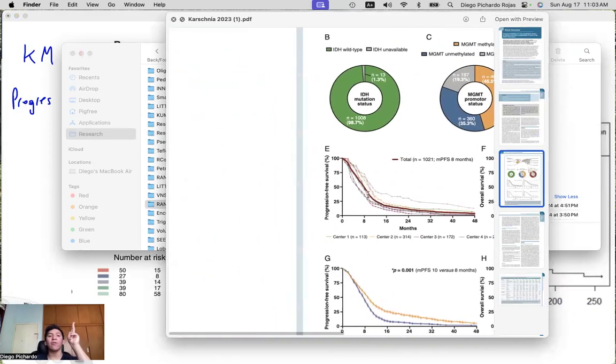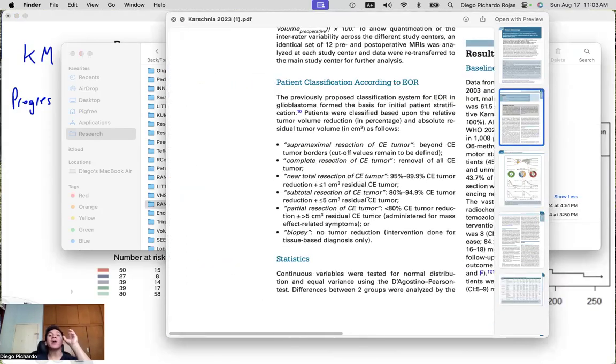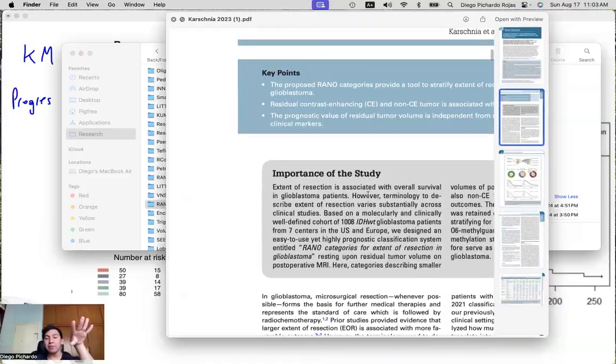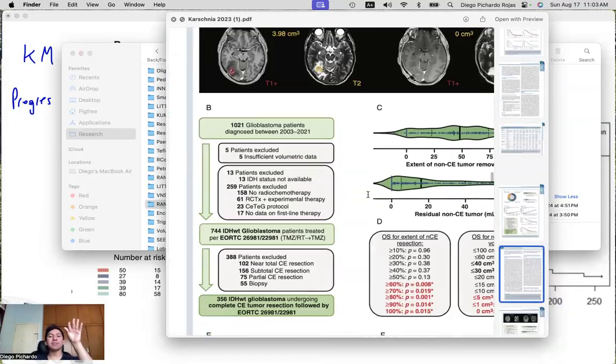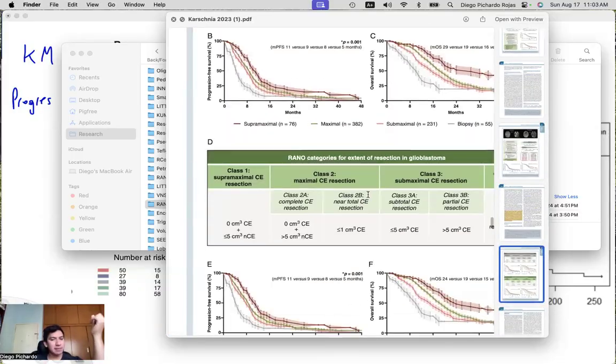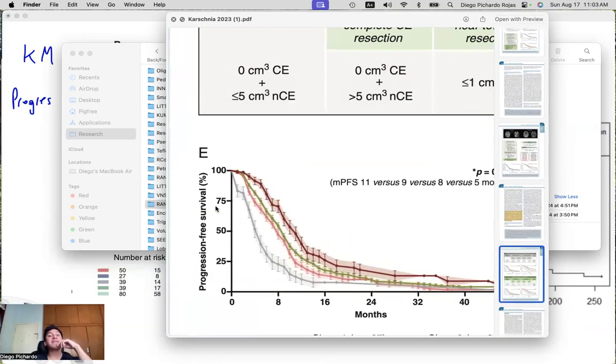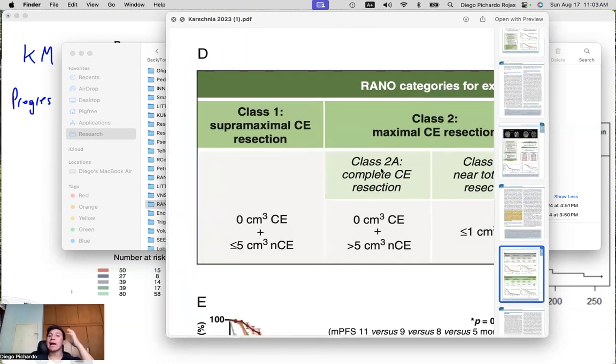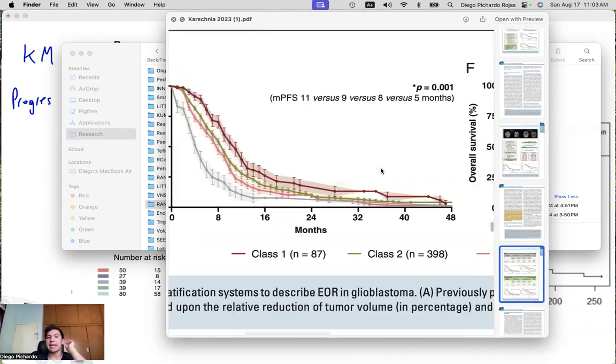They just told us these groups are different. What were we evaluating? We were evaluating if patients who had supramaximal resection survived more than patients who underwent a maximal or submaximal resection, right?